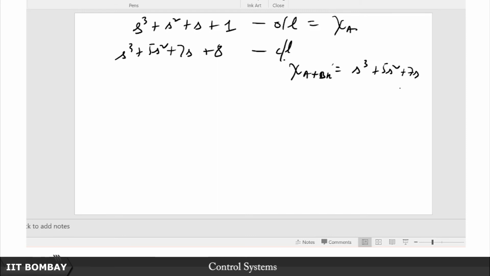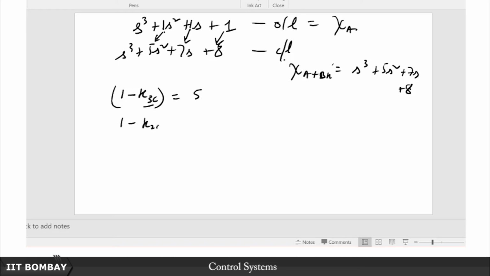So then I better have chi of (A plus BK) equal to this s cubed plus 5s squared plus 7s plus 8. Now what do I know? I know that 1 minus k_3 c is equal to 5, so from 1 I need to go to 5, from this 1 I need to go to 7, from this 1 I need to go to 8.